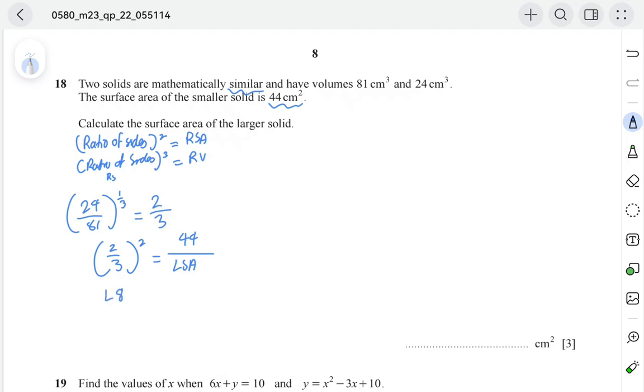So the surface area is equal to 44 times 3 over 2 squared, because we've moved it to the other side, and this fraction is inverted as it became divide. So the final answer is 99 centimeters squared.